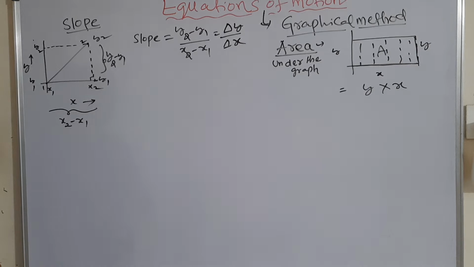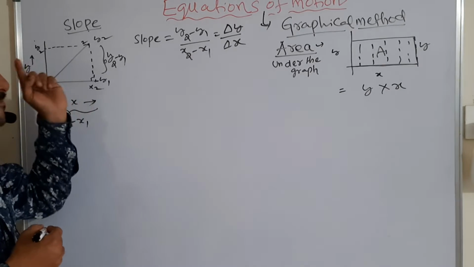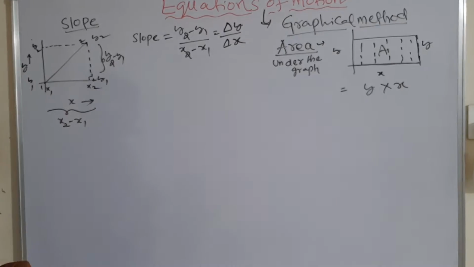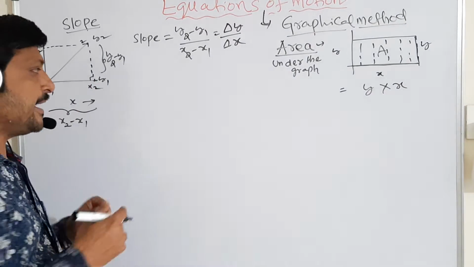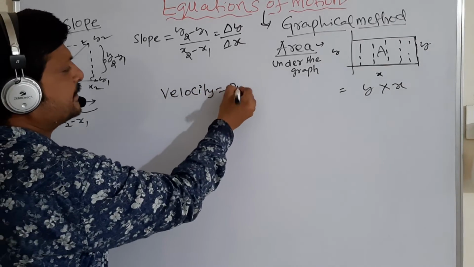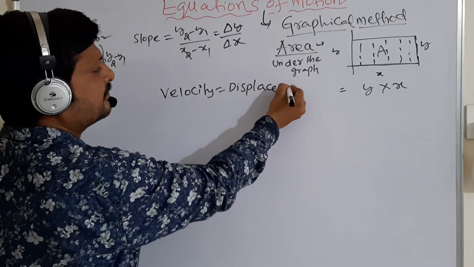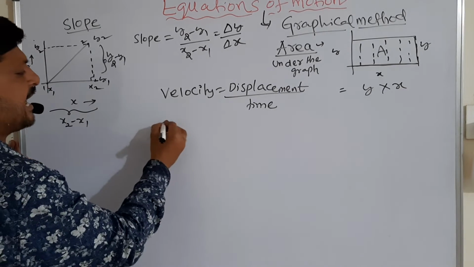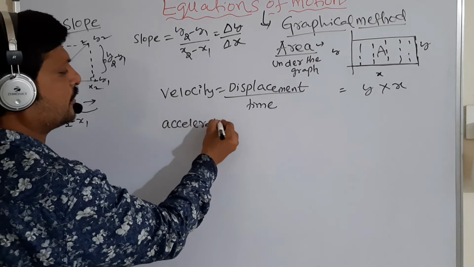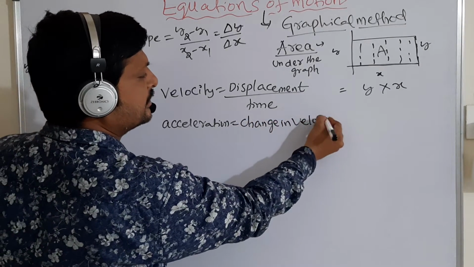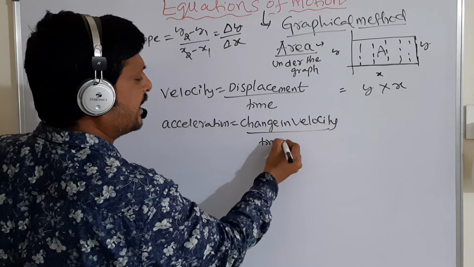Change means delta. Now, I am deriving equations of motion by using velocity time graph. Why velocity time graph? We know very well velocity is equal to displacement by time, and acceleration is equal to change in velocity by time taken.